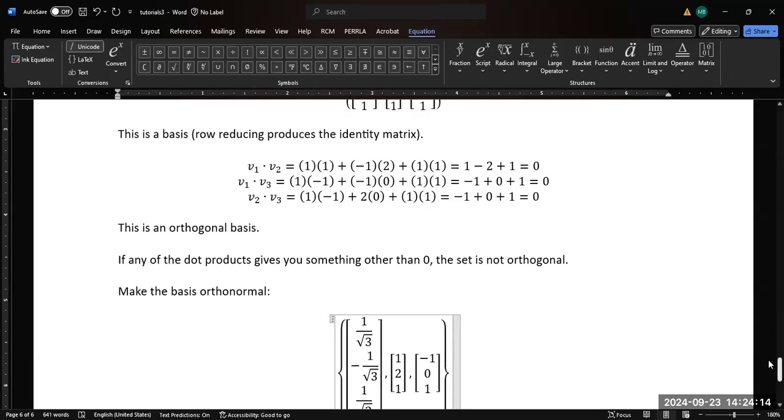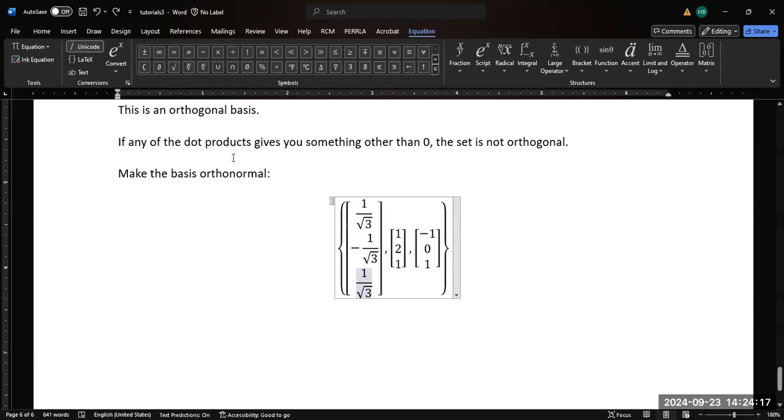There we go. Now the second vector, if I add these together, the squares together, 1 plus 4 plus 1, I get the square root of 6.